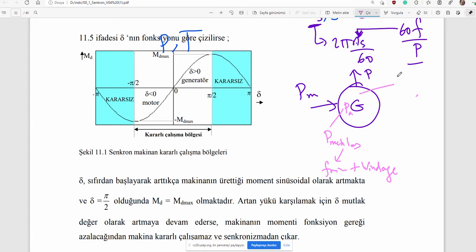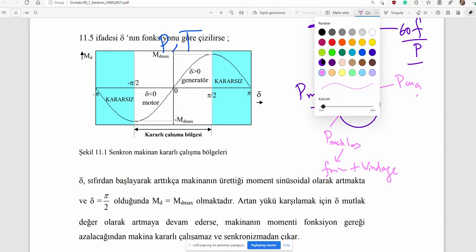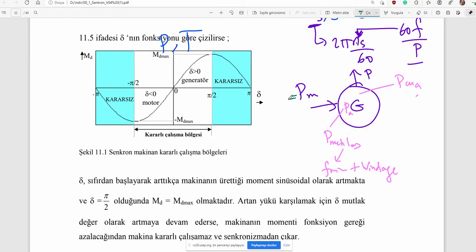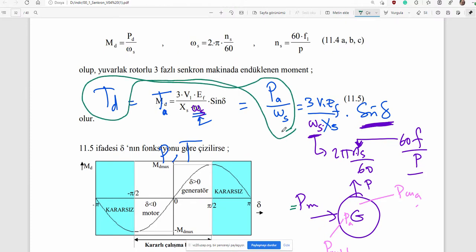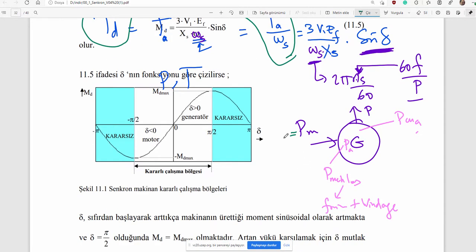And here are some copper losses in armature. And then this converts mechanical power into electric power. But take care. In the mechanical world, as you see, that is the torque. In the mechanical world, power is equal to mechanical torque times mechanical speed of the shaft, which is equal to synchronous speed.